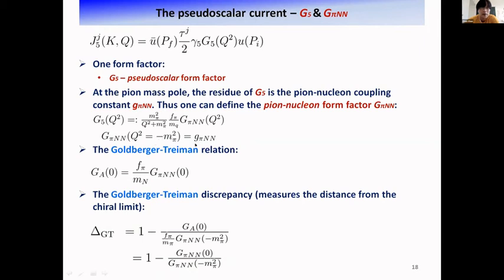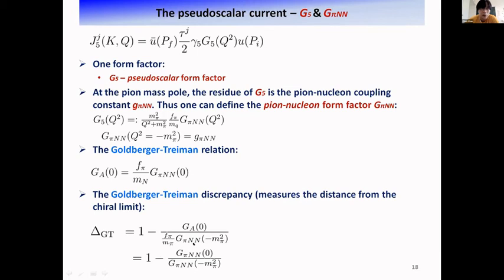This here is the definition of this pion-nucleon coupling constant g pi N. From this expression, we can immediately get the Goldberger-Treiman relation. At q squared equals 0, this GA should equal g pi N times f pi over mN. We can also define the Goldberger-Treiman discrepancy, delta GT, in this expression.